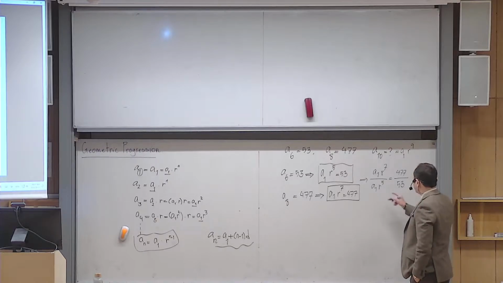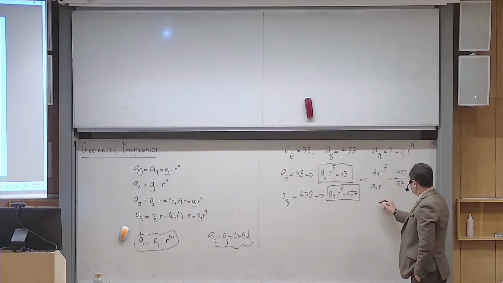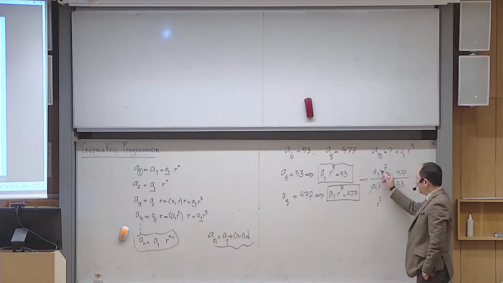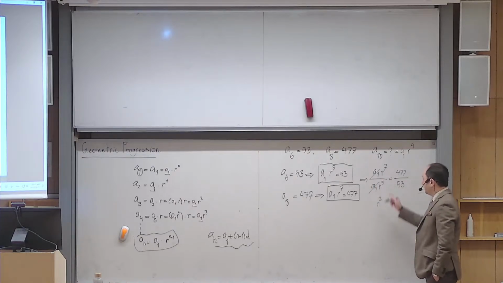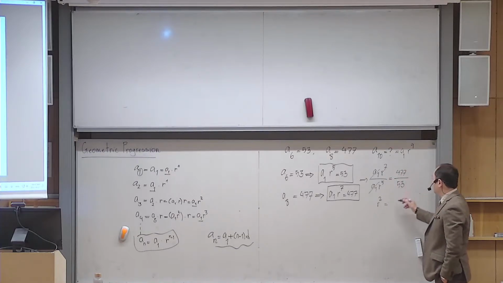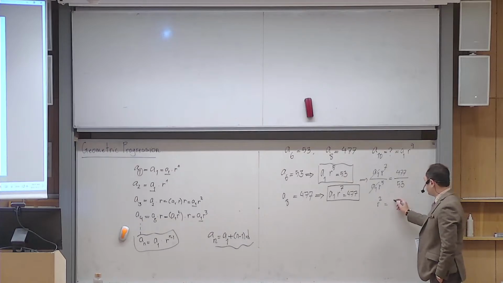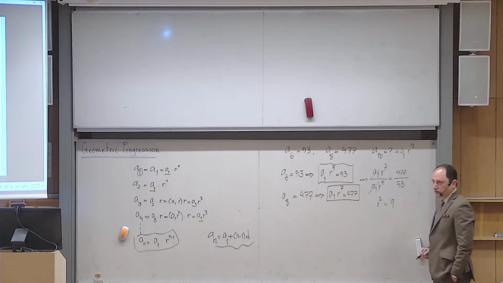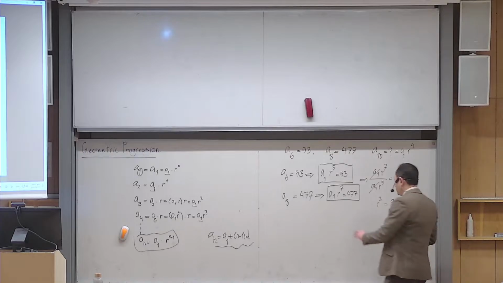And then what happens? So this becomes R to the power of 2. Why? Because A1 and A1 cancel, and R to the 7 divided by R to the 5 becomes R to the 2. But on the right-hand side, if you divide, what's the answer? 9. Yes?